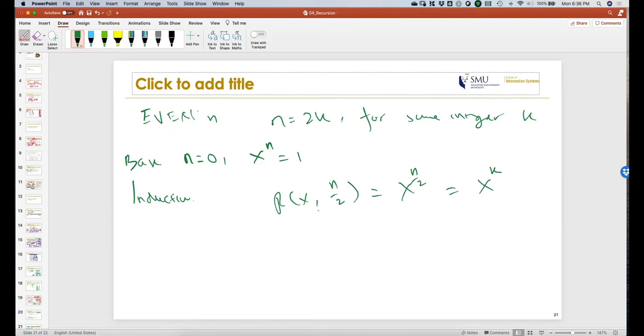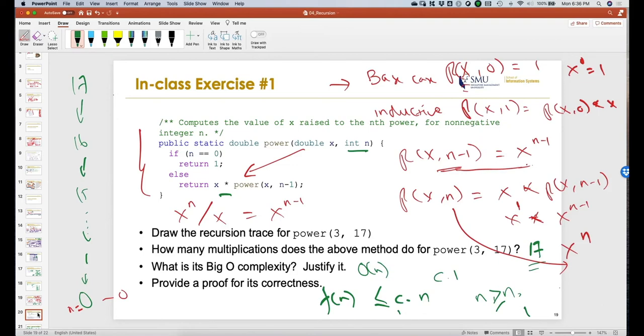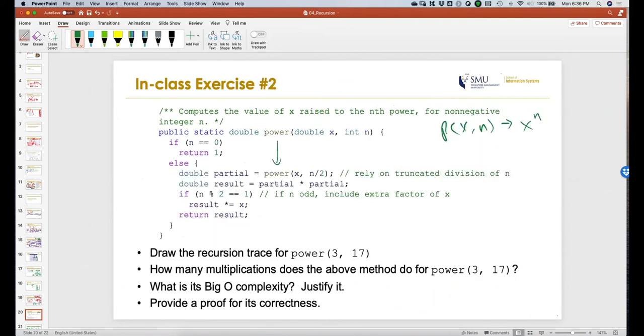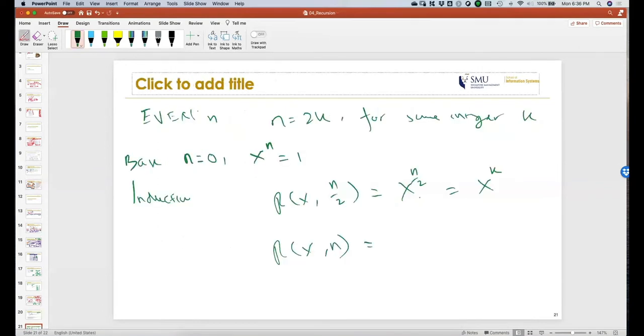Okay, so then we are trying to show what is the next step. The next step is that we're going to show it for x to the n. Now, if we look at what the algorithm is actually doing for x to the n, I'm going to store it in some partial variable. So I'm going to multiply it to itself. In that case, I'm going to basically take whatever outcome I get from here, which is x to the k, and multiply it to itself.